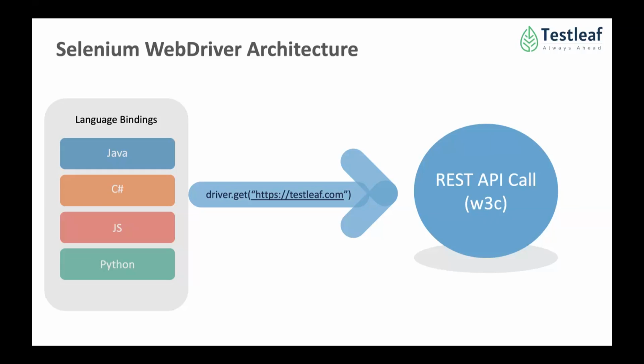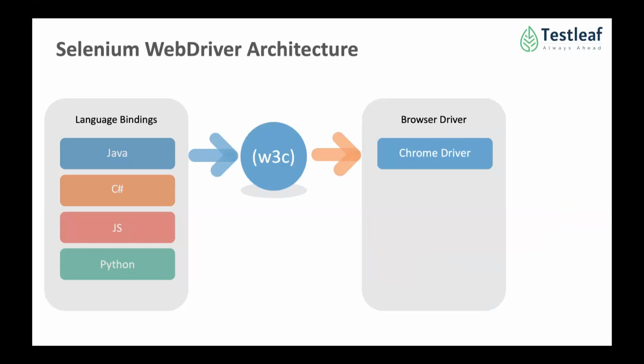So again, to repeat, you have a language binding in Java where you call driver.get, which internally goes as a REST API call. Now, where does the REST API call go and hit? That's an interesting point. The REST API call goes and hits your browser driver. If you want to use Chrome browser, it hits the Chrome driver, which is managed by Google. We'll talk about this in detail. There's a Chrome driver which sits on your machine, which is a binary.